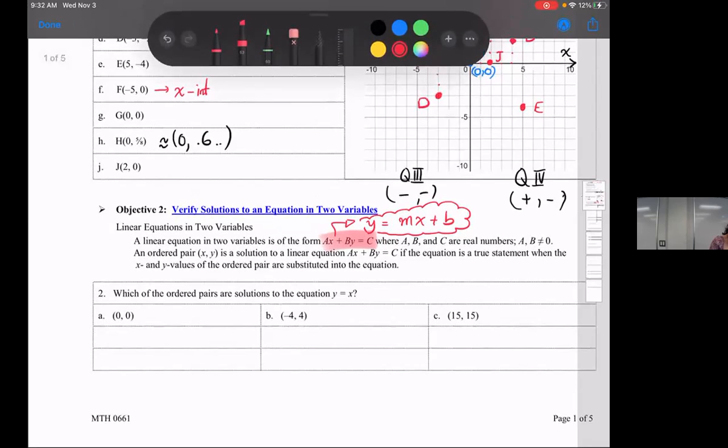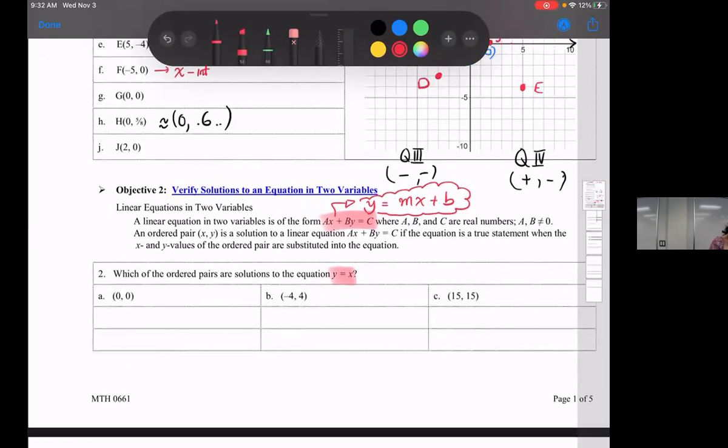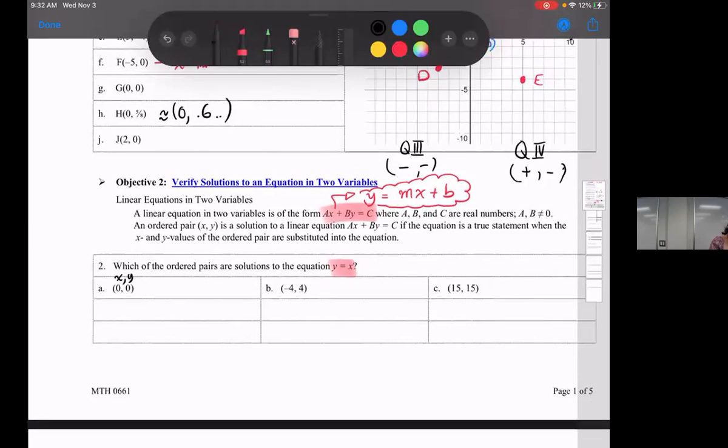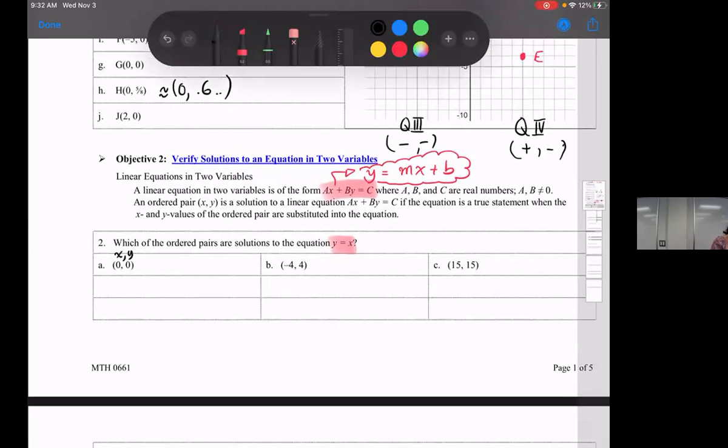I have y equals x, and I'm given 3 points, A, B, C. The first point is 0, 0. So what do I do with the 0, 0? That's your x and your y. You plug it in. y is 0, x is also 0. Is it equal?